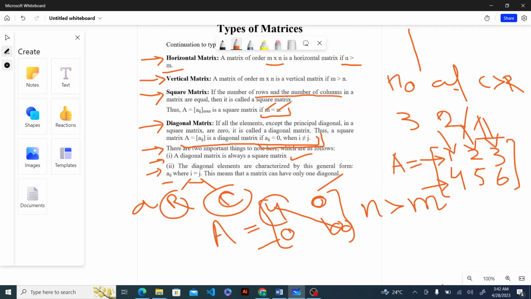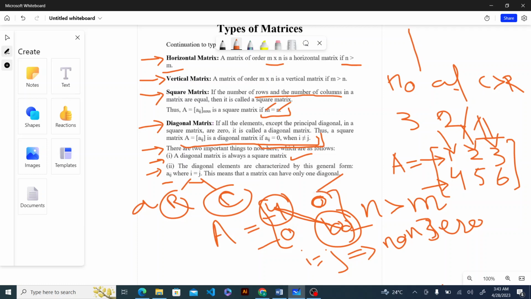On the other hand, these diagonal elements are at positions where i is equal to j, because it is first row and first column, and second row and second column. So the diagonal elements, where i is equal to j, will be non-zero elements.